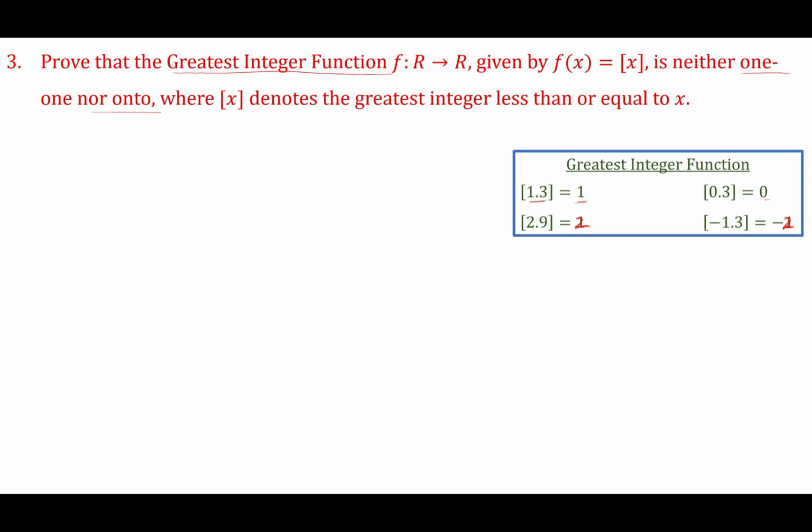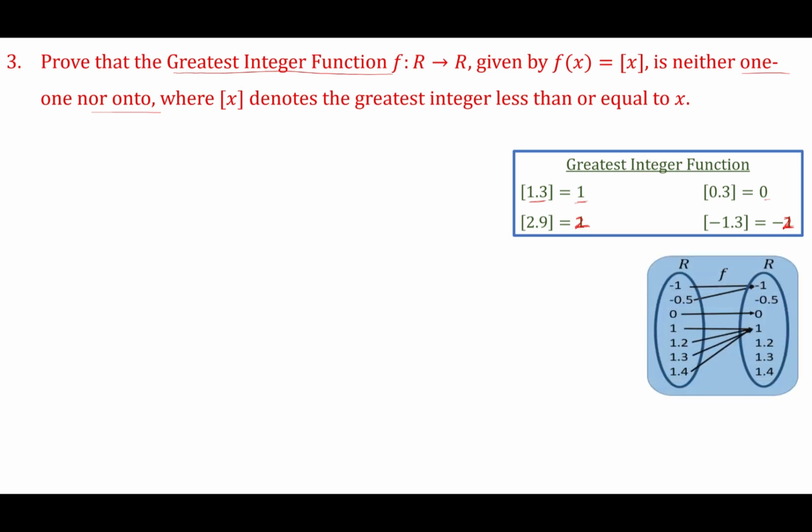I recommend always draw a rough figure. All real numbers to real numbers. This is what the function defines. Real numbers means all positive, negative, integers, fractions, decimals, everything. So I wrote few examples.